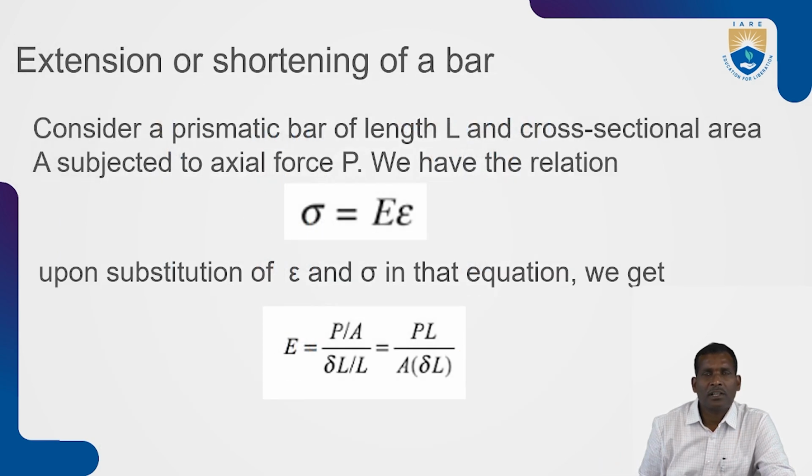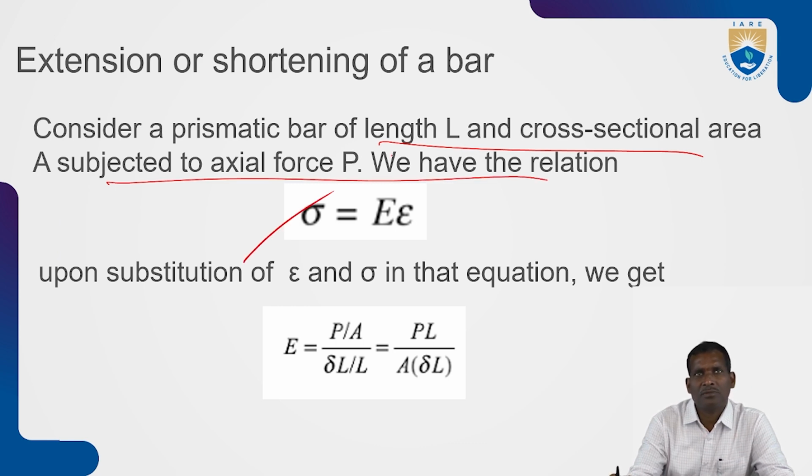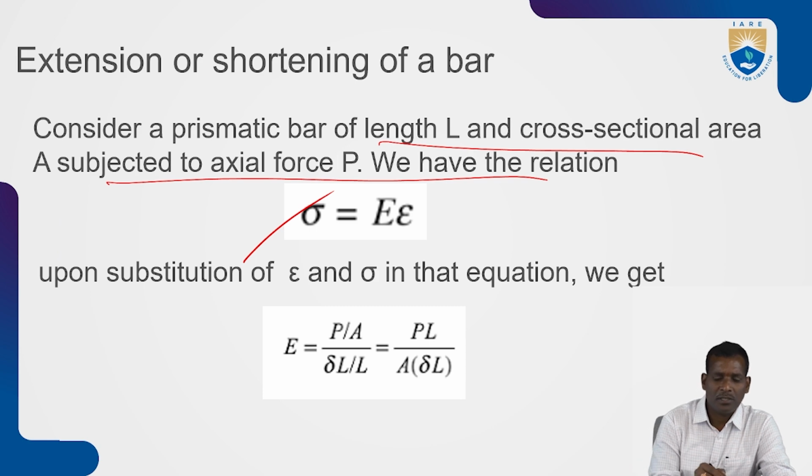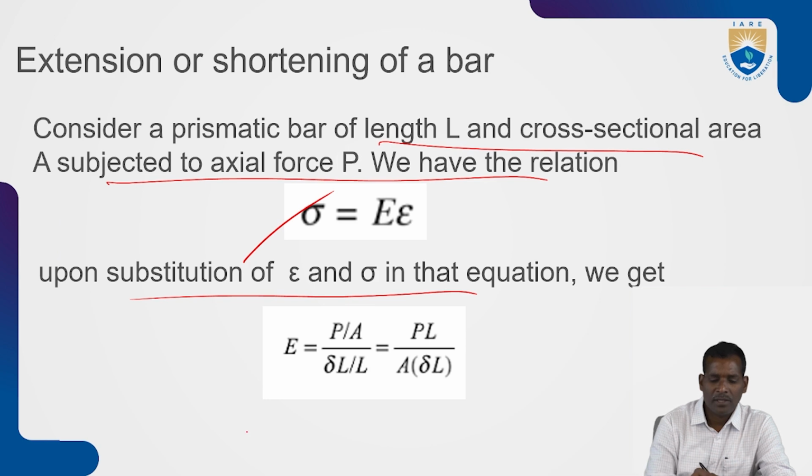Extension or shortening of a bar. Consider a prismatic bar of length L and cross-sectional area A subjected to axial force P. We have the relation sigma is equal to E epsilon. Upon substitution of epsilon and sigma in that equation, we get E is equal to P by A, stress, upon delta L by L, strain.